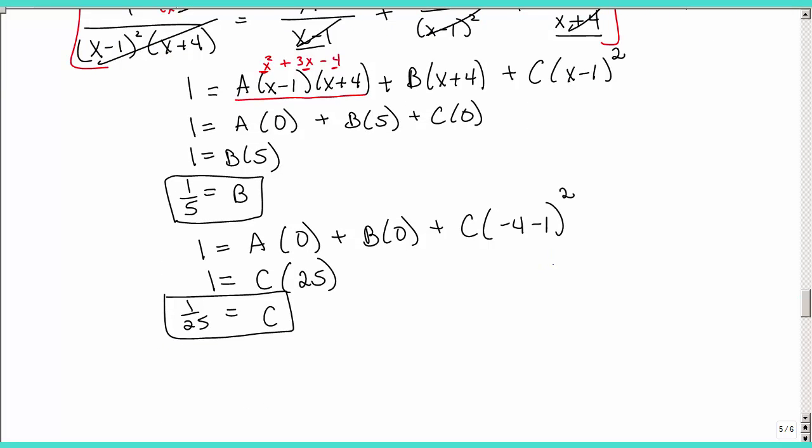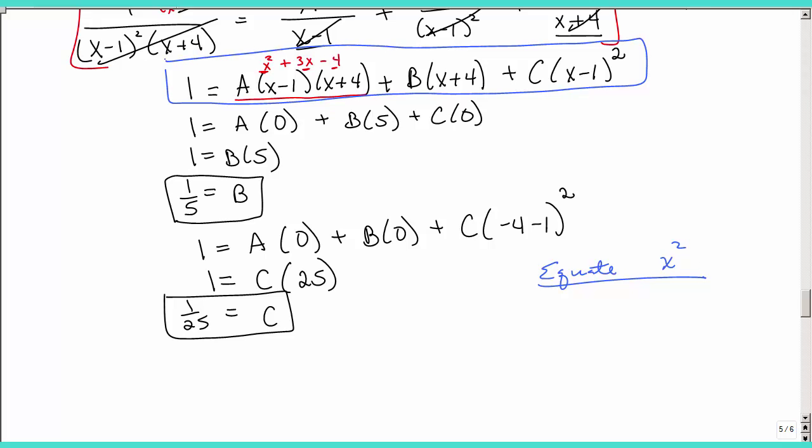Okay, so if I equate the x squared coefficient, I'm looking at this equation. Looking on the left side, I have 0 x squared. On the right side, I'm going to get a x squared. No b's. And this one, that's going to be x squared minus 2x plus 1.